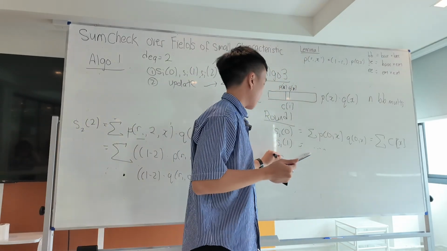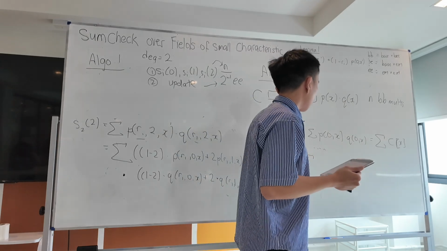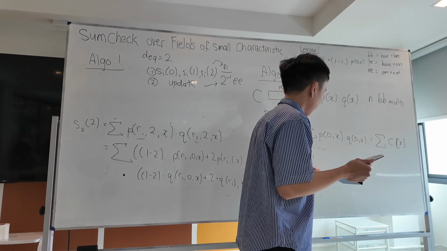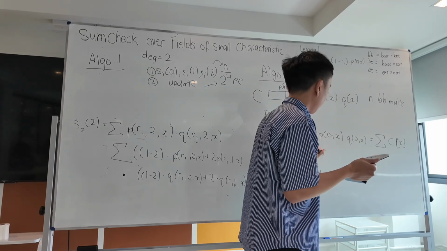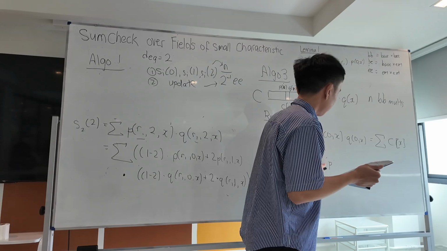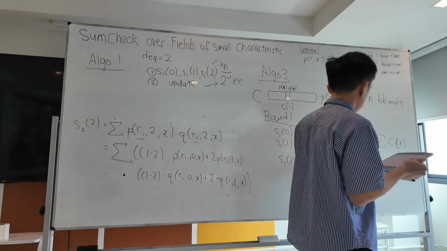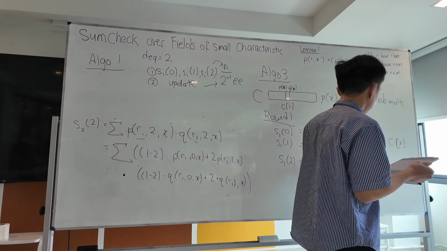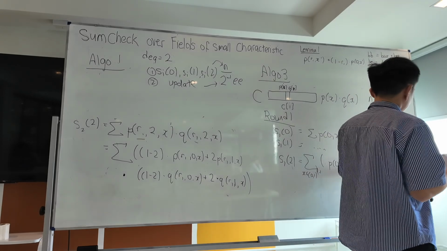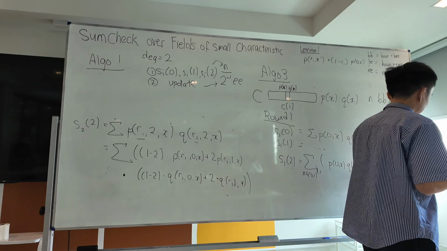So the trick here is that when we are calculating S1 of 2, and I'll write this out because it's important, what you're doing is actually this. So you have P0 of x multiplied by Q0 of x, plus P1 of x multiplied by Q1 of x.